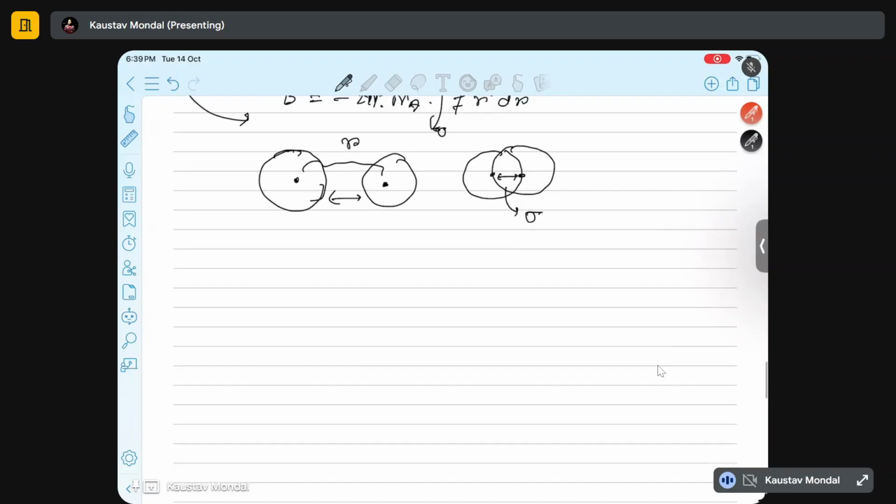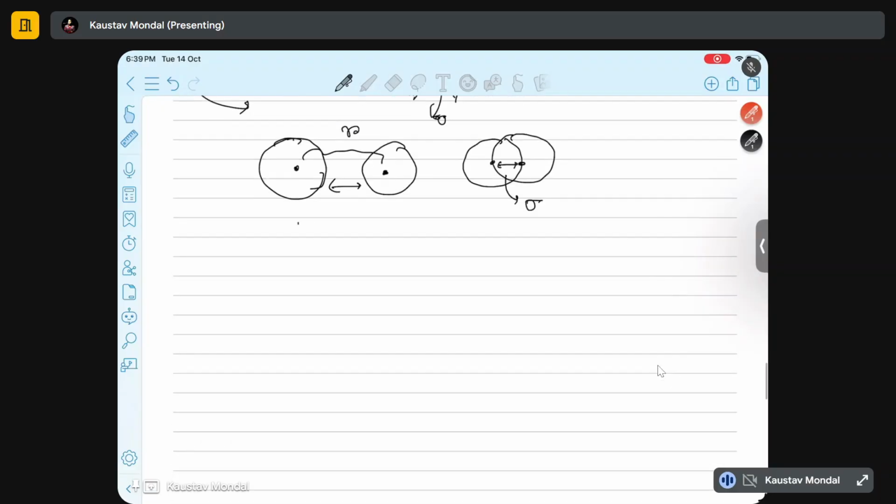So when r is greater than sigma, that is their radius, in that case the potential is simply 0. Nothing is basically repelling between the spheres. Now, if the two spheres try to overlap by a distance lesser than their radius, for r less than sigma, V2 would take the value infinity.